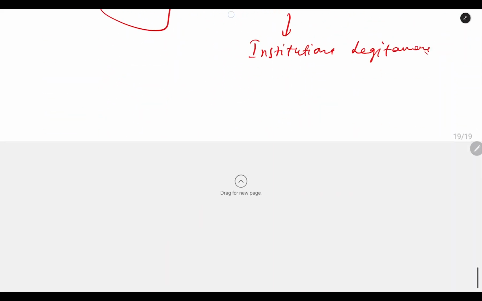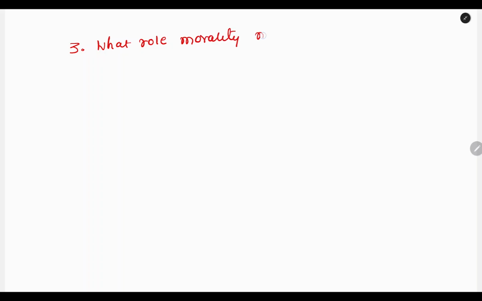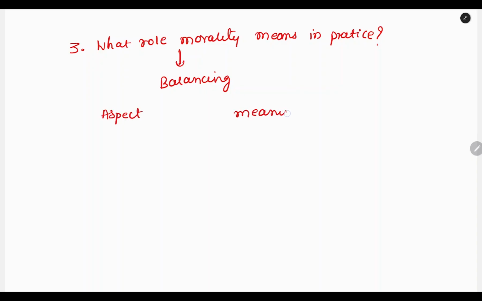Now, the next most important concept is the core idea of role morality. As we discussed, ethics change with the role. What does role morality mean in practice? Role morality requires balancing. Duty is one aspect: laws, rules, and procedures.